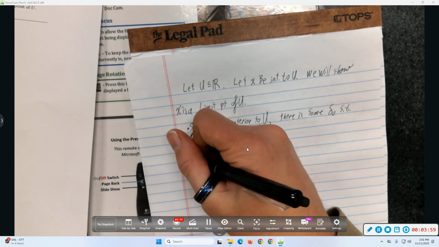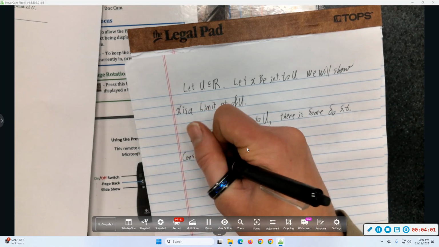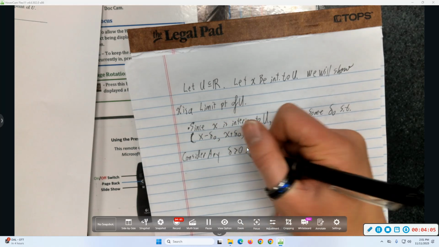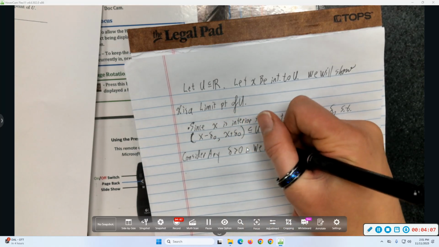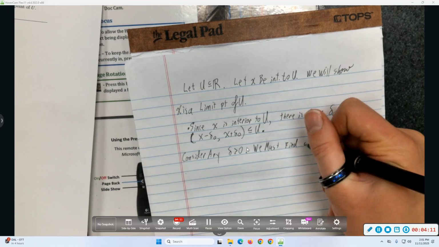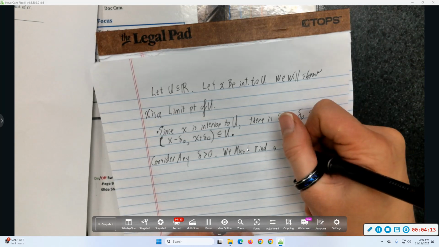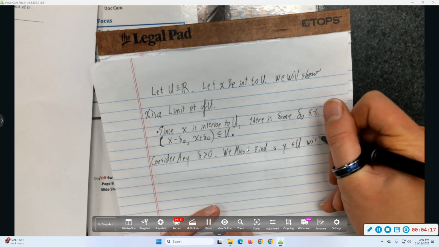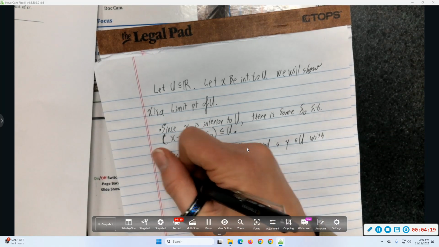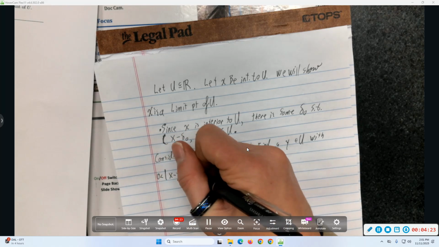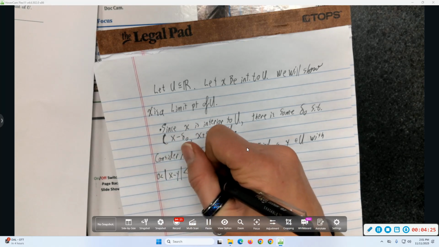Now, let's consider any delta bigger than 0. We must find a y in U with 0 less than absolute value x minus y less than delta.